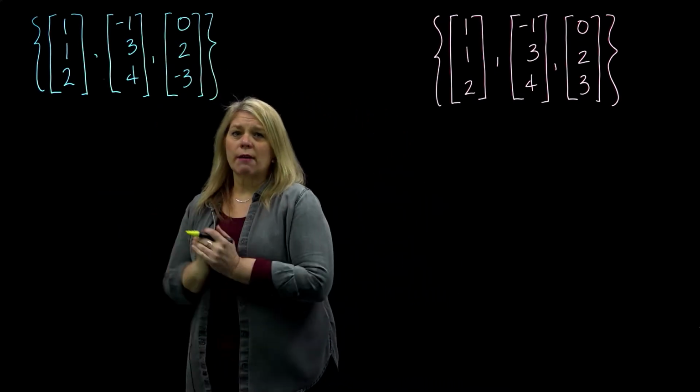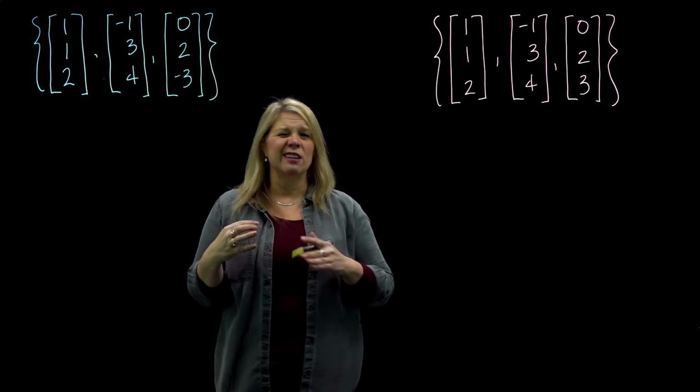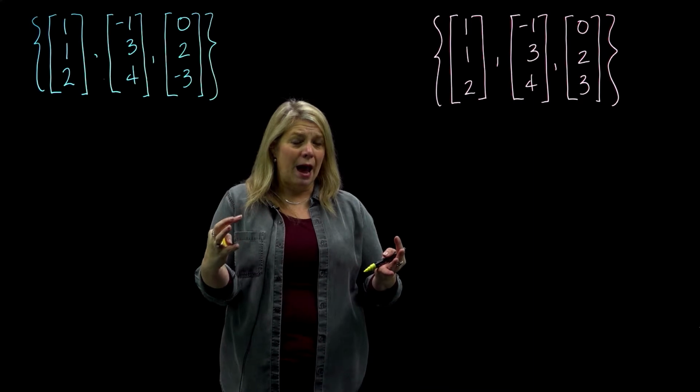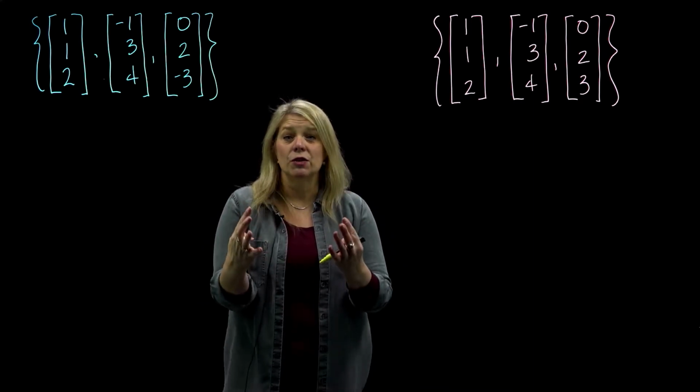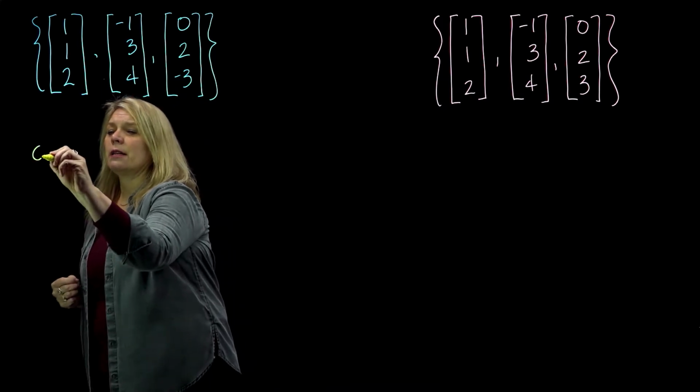I'm going to write down a linear combination of these and set it equal to the zero vector. You don't always have to write this step out unless you really want to demonstrate that you are using the definition of linear independence.